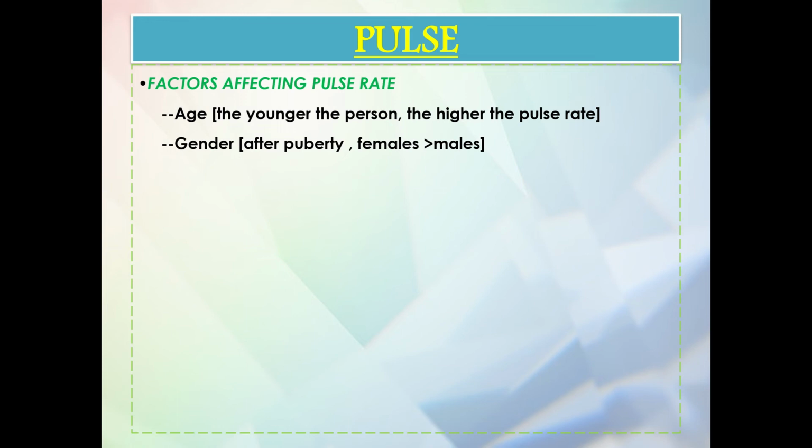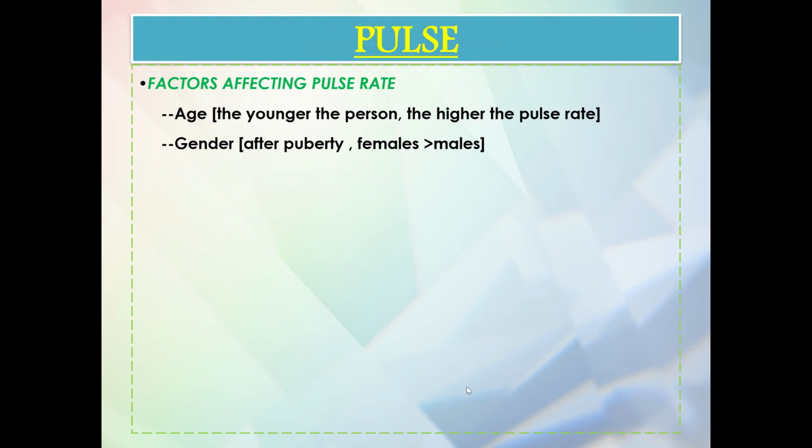Okay, so for the gender, usually sila males yung mas mabilis. However, after puberty, mas bumibilis yung sa females, okay? So again, after puberty, females have higher or greater pulse rate compared to males. This is because the difference is largely accounted for by the size of the heart.